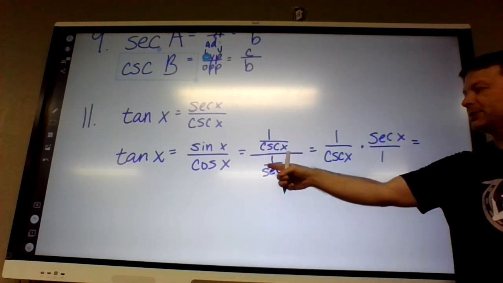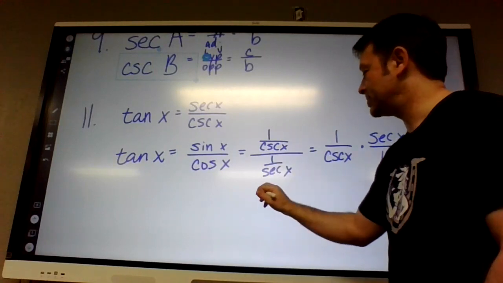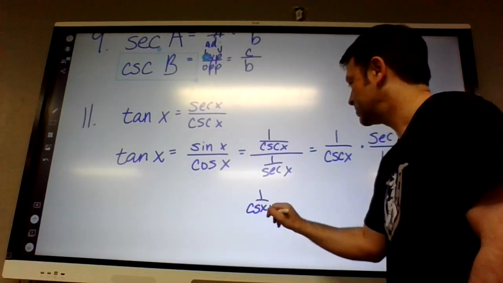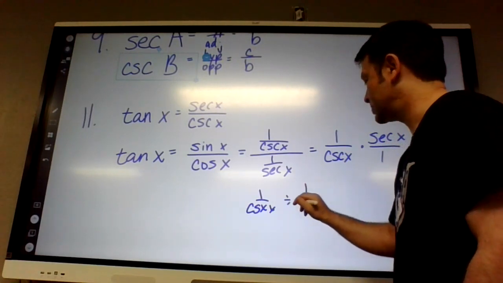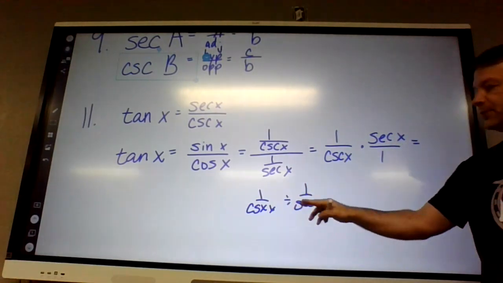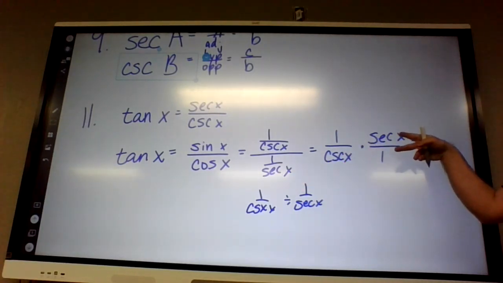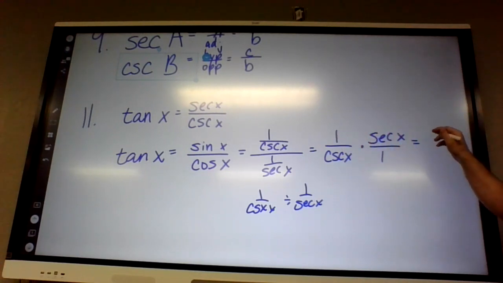What this is saying is 1 over cosecant divided by 1 over secant. So you flipped the secant, what was on the bottom, and put it on the top. How do we multiply fractions? You just do top times top and bottom times bottom.